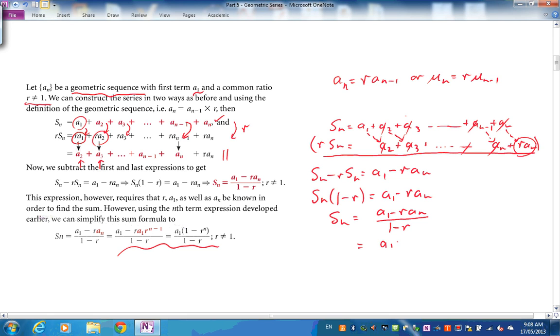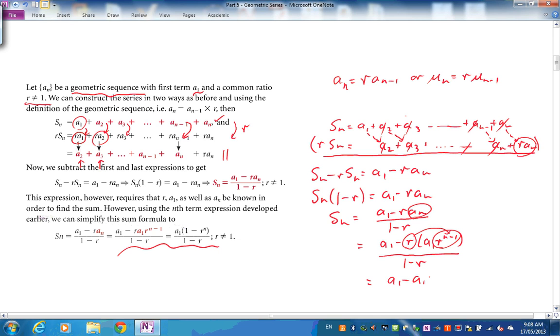This is a1. Now what's the formula for the nth term? That's a1 r to the n take 1, over 1 take r. So what have we got then? We've got a1 take a1 r times r to the n take 1.